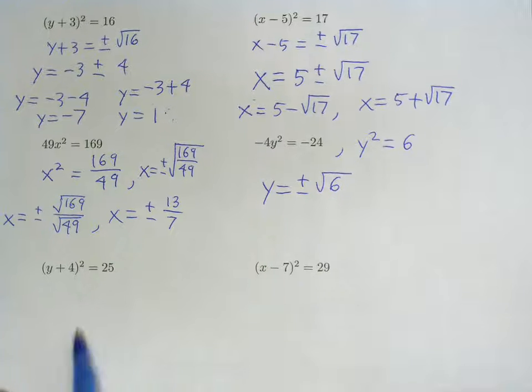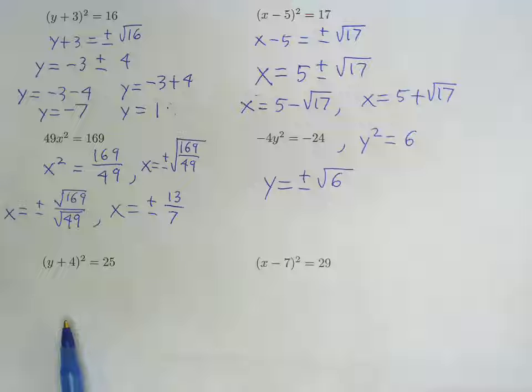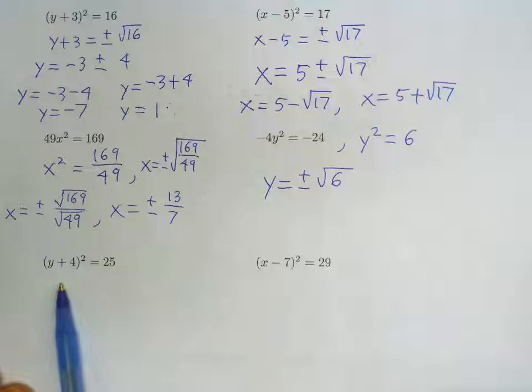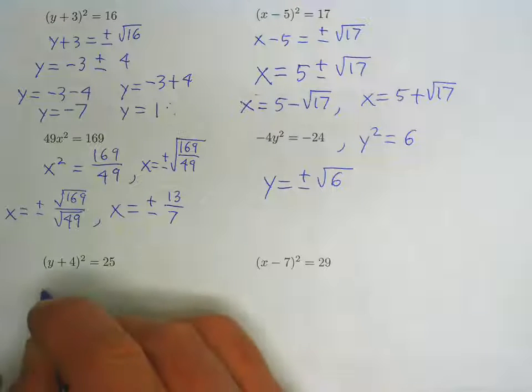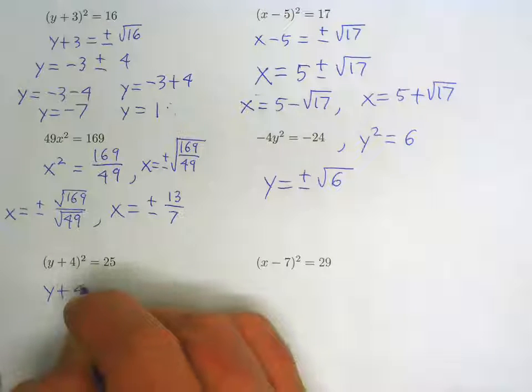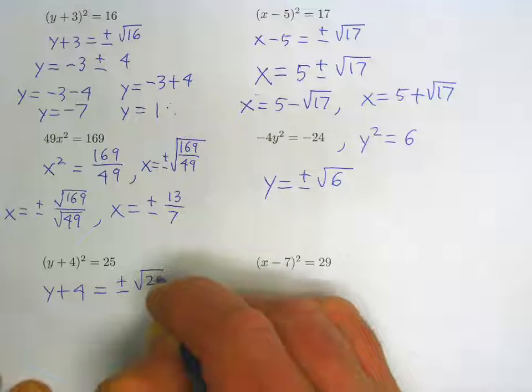Okay, the next two examples are very similar to some of the ones that we've already done, so we can do these pretty quickly. The quantity y plus 4 squared equals 25. Apply the square root property, we get y plus 4 equals positive and negative square root of 25.